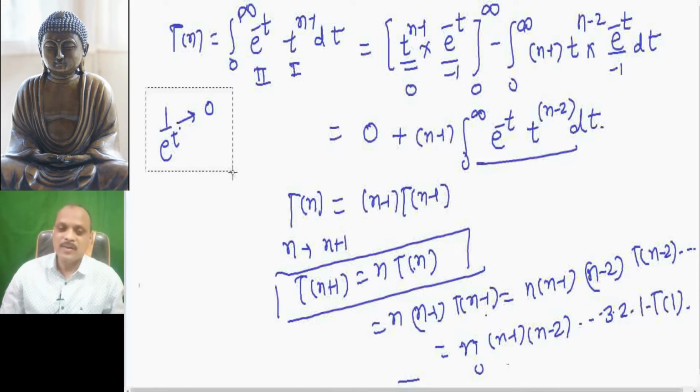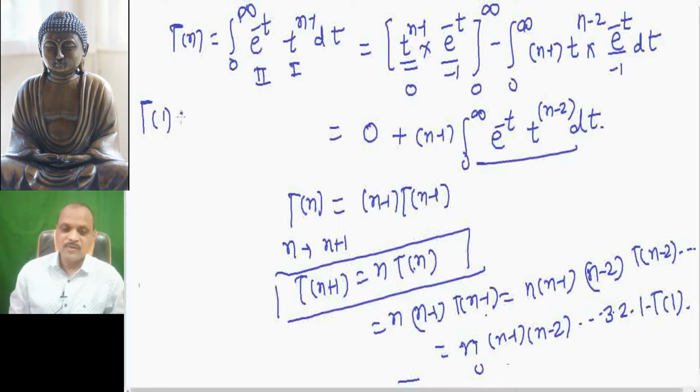Now let us calculate the value of gamma of 1. If n is equal to 1, the value of gamma of 1 will give us integration 0 to infinity e raised to minus t into t raised to 1 minus 1, that is t raised to 0, and t raised to 0 is 1.